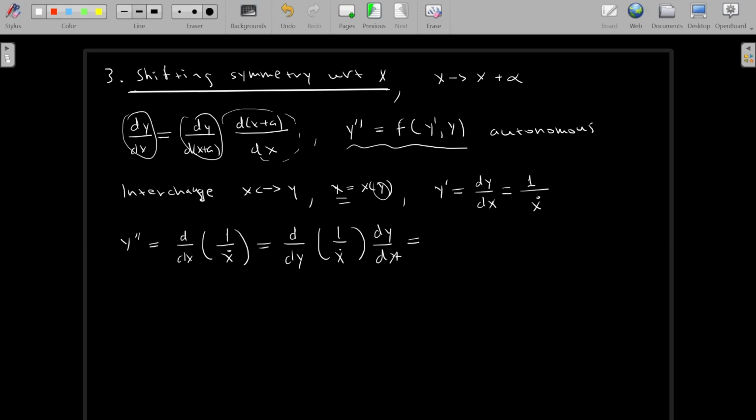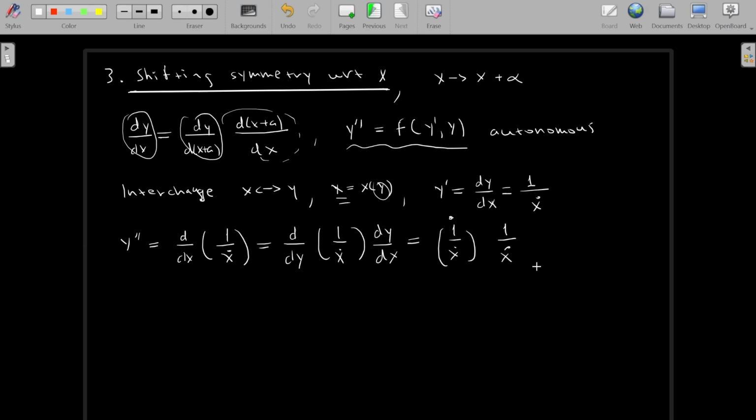But this is nothing more than this guy, so we have the differentiation of this with respect to y, 1 over x dot dot, and this again 1 over x dot. So we see that this term keeps popping up.